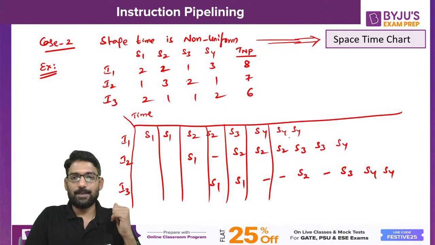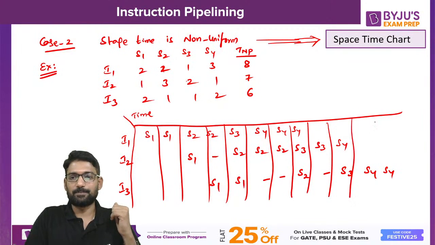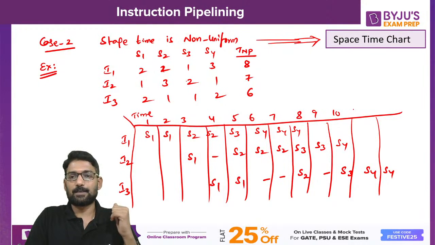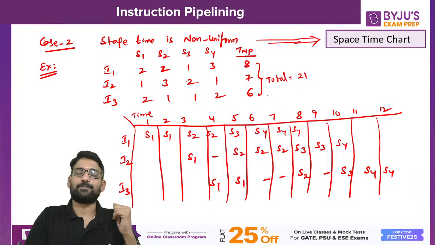So here, if you calculate the total number of clock cycles for this example, which is 1, 2, 3, 4, 5, 6, 7, 8, 9, 10, 11 and 12. And the non-pipelined total is 21.